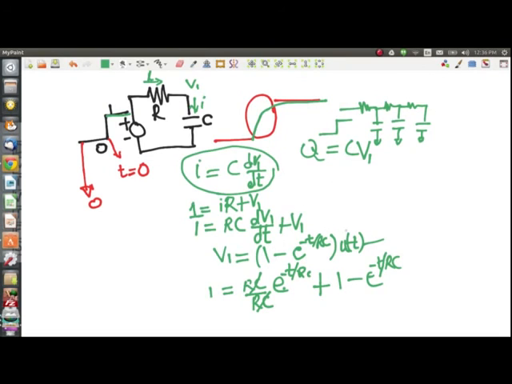You're going to have lots of differential equations, very hard to solve. So the moral of the story is we don't do solution of ordinary differential equations, or rather we do, but in an entirely different way, using Laplace transforms.